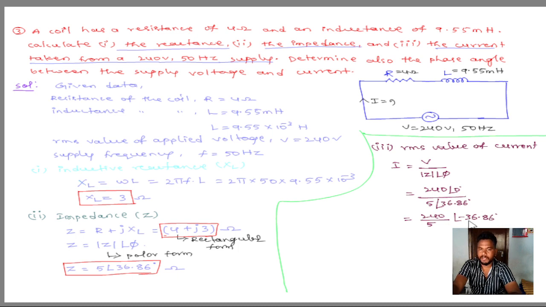What is the meaning of the minus angle? Current is lagging voltage by 36.86 degrees. Remember, it is 240 by 5, and then current I is equal to 48 at an angle minus 36.86 degrees amperes.